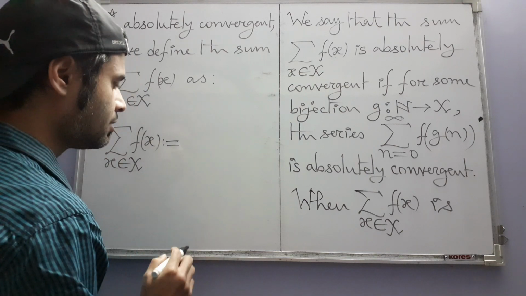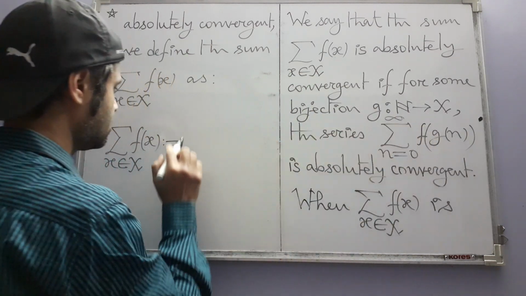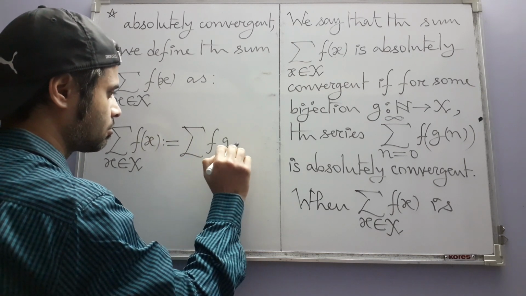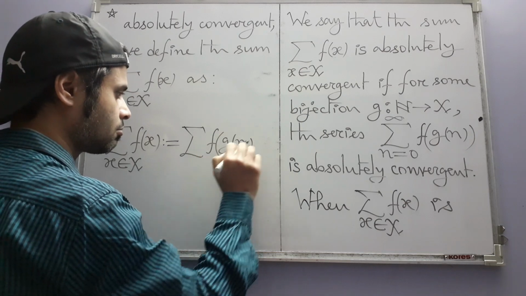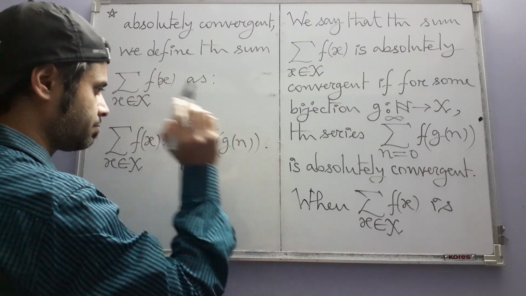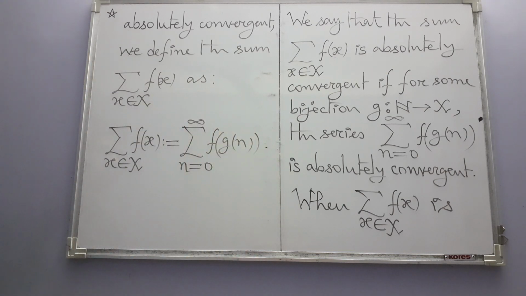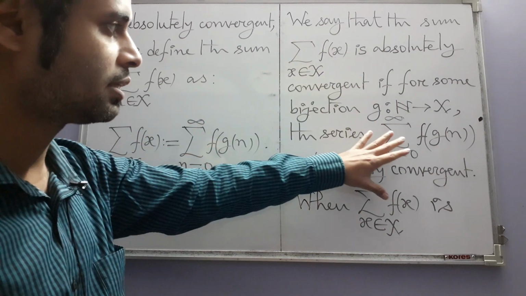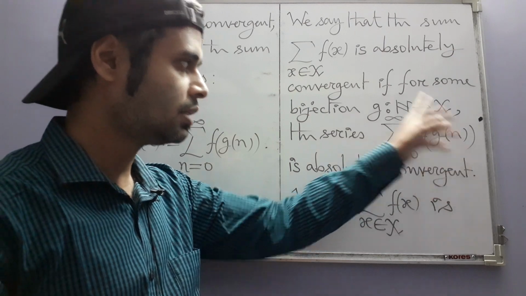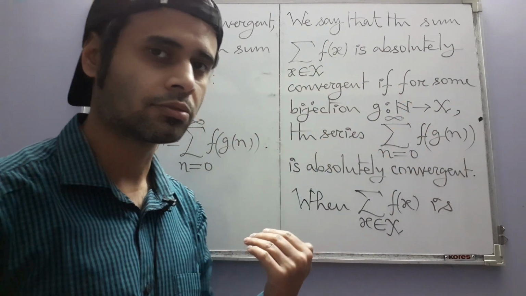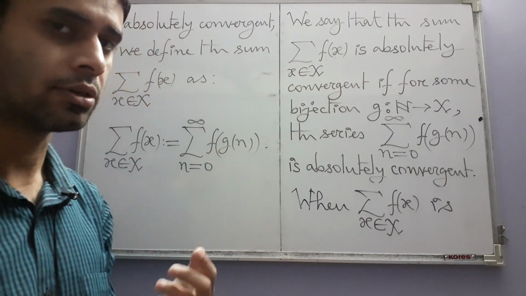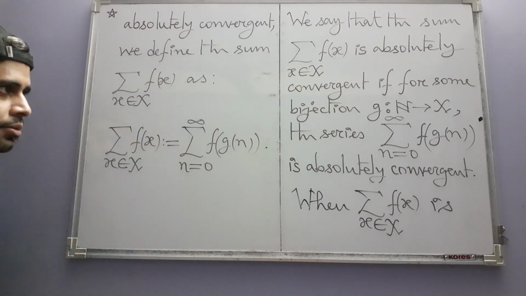Its value is defined to be equal to the sum of this infinite series. Okay, fine. The first part of the definition, there is no problem with that. If such a g exists for which this becomes absolutely convergent, then this is called absolutely convergent, or this is defined to be absolutely convergent.